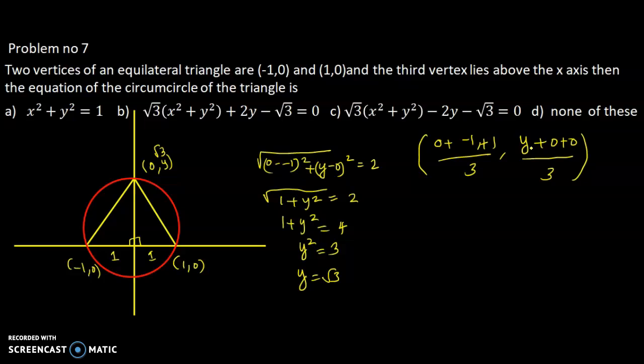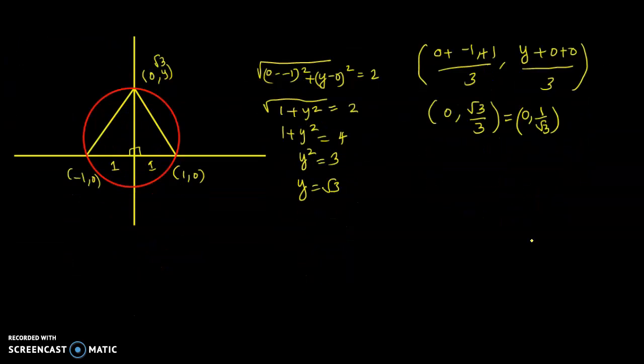Here y is nothing but root 3. So this becomes (0, root 3 by 3), and that is equal to (0, 1 by root 3). So this is the center of the circumcircle. Now let us mark the center. So the center of the circumcircle is here, and that is (0, 1 by root 3).